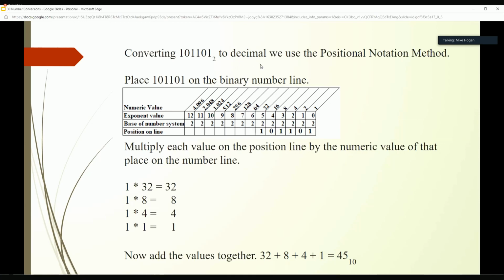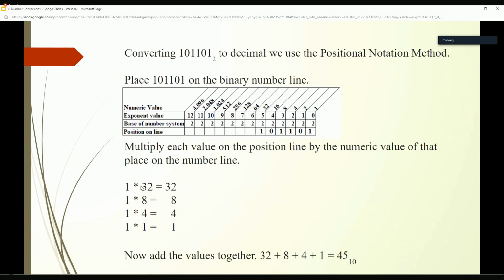To convert that to decimal, all we have to do is go through this process again. We're talking about a 1, a 4, an 8, and a 32, so I can add those together. 32 and 8 is 40, 44, 45.